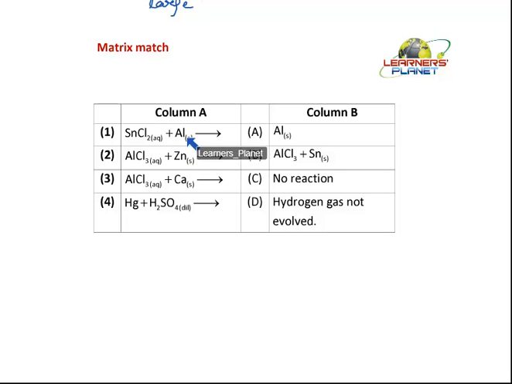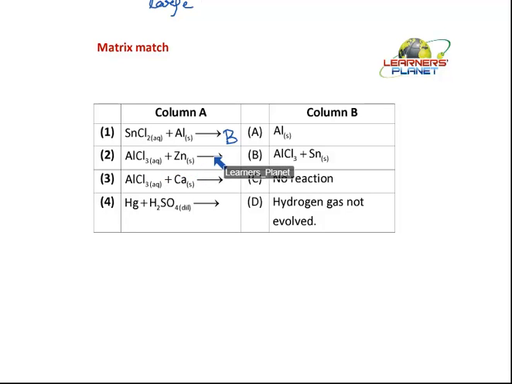Now in this case, tin and aluminium, according to your reactivity series, which is more reactive, aluminium or tin? Aluminium. So aluminium can displace tin from its salt solution. So what would be the answer? It would be B.